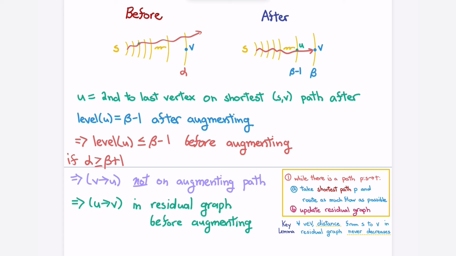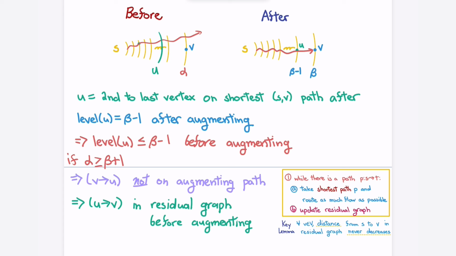All right, so that means that u has to be somewhere over here to the left. And the augmenting path is taking some kind of shortest path, so it can't go backwards. So v to u was not on the augmenting path because that would be a backwards edge.